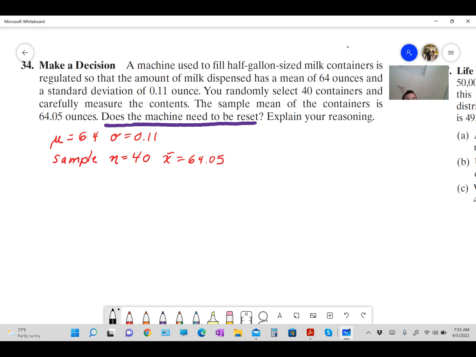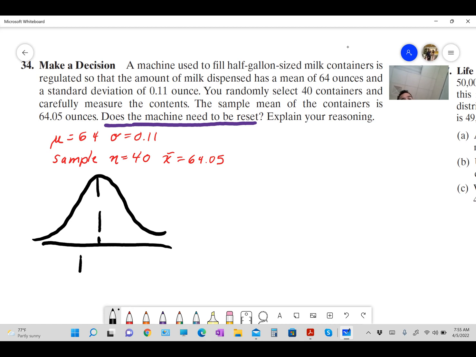containers, we realize that the sampling distribution of sample means, if we were able to do them all, will have a mean of 64. So this is mu of x bar.